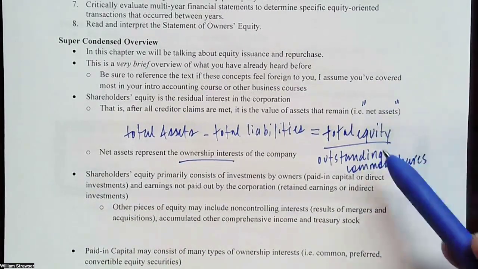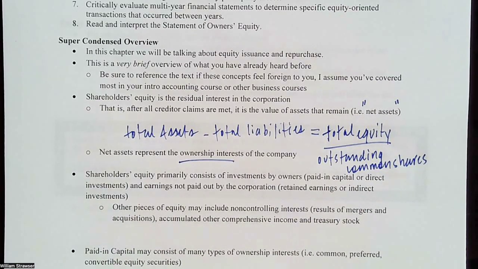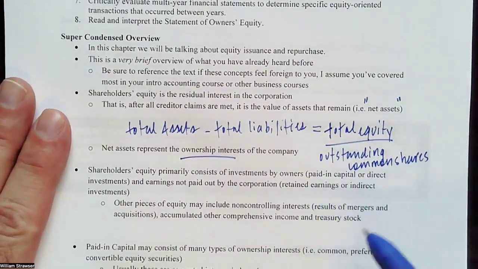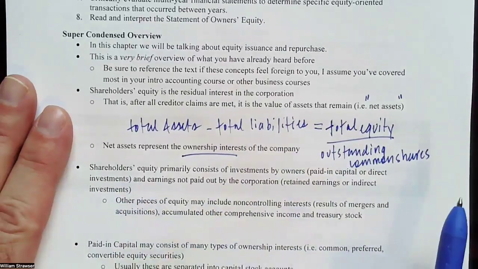This is the amount of money each common shareholder is going to receive if the company stops operations, liquidates, and is no longer. Now, it does primarily consist of contributed capital, which is paid in capital, direct investments, right?